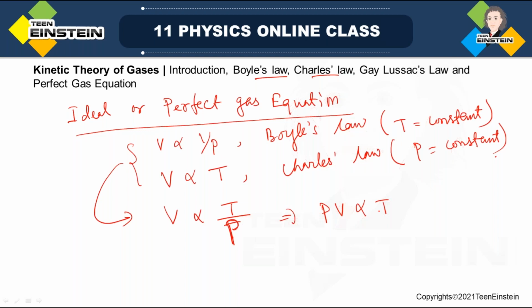So this you can write, or in other words, PV by T is equal to a constant.